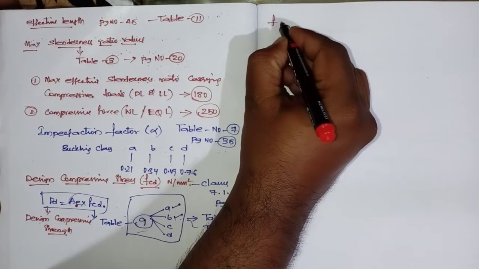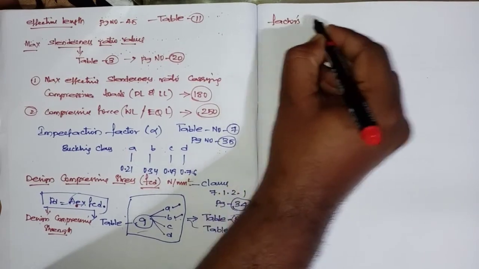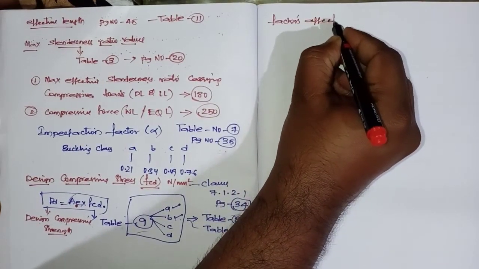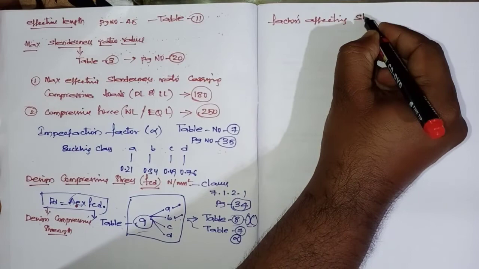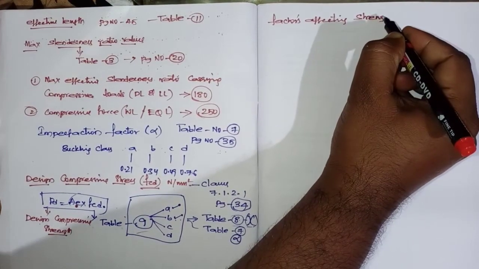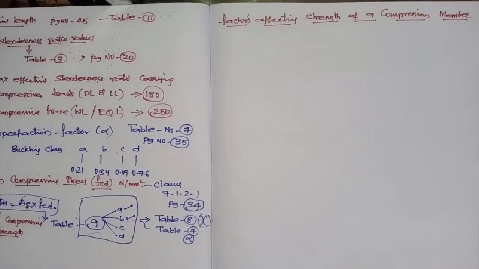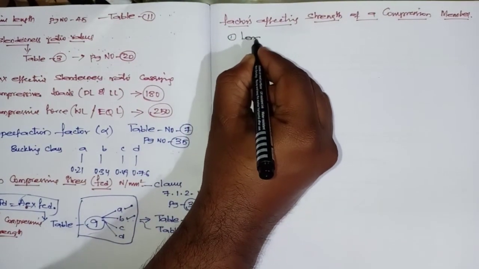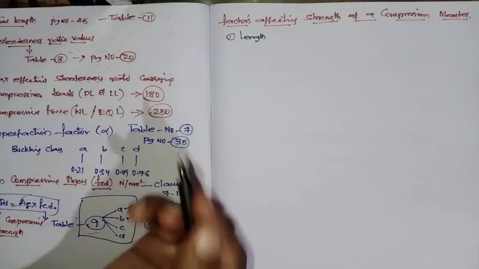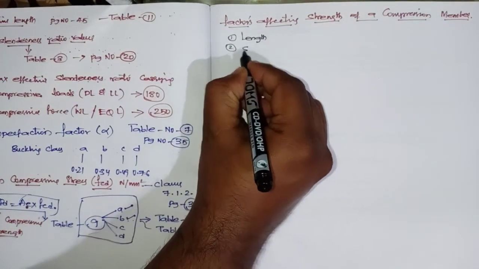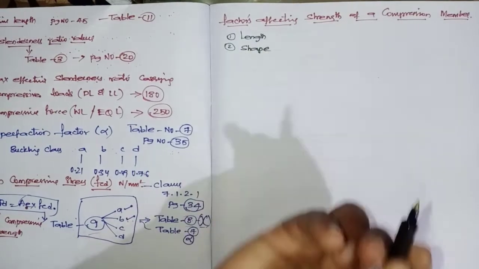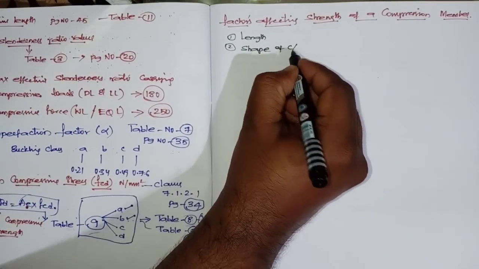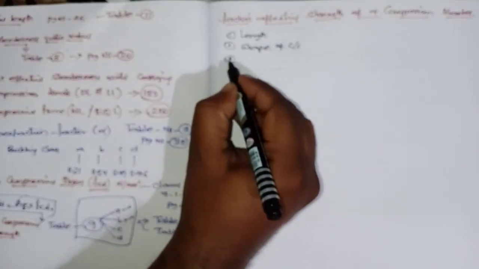The factors affecting the strength of a compression member are, first, the length of the column. Next is shape, how the cross section is, whether it is rectangular or square or like that.